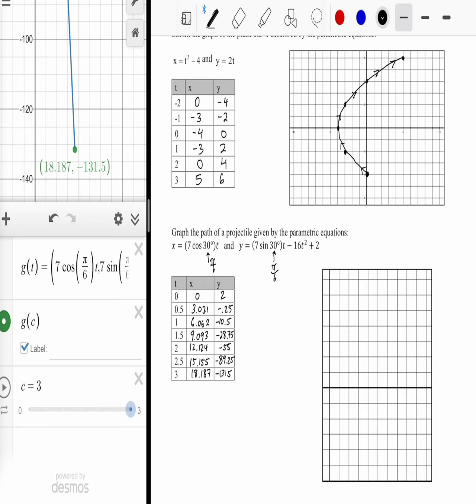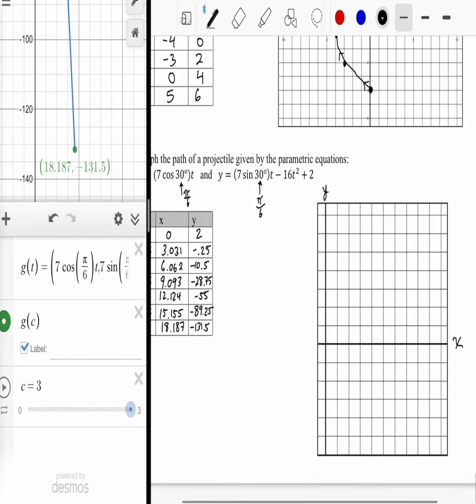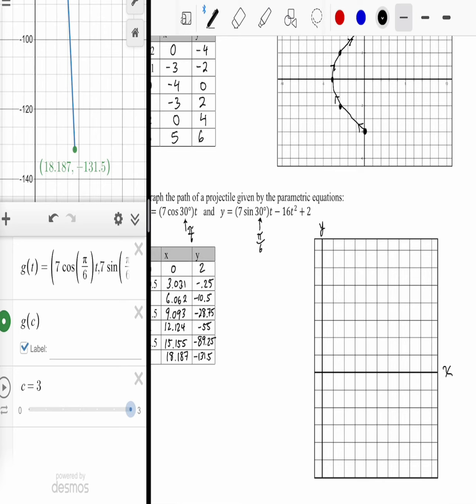But if we're letting this again be the x-axis, this be the y-axis, then we're talking, in terms of the scale here, we need to go out in x around 20 units, and y I need to go down almost, if I'm rounding, 150.